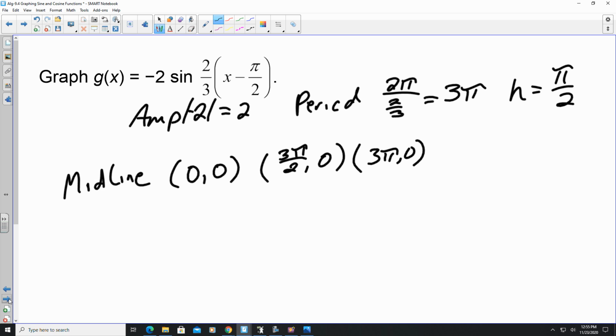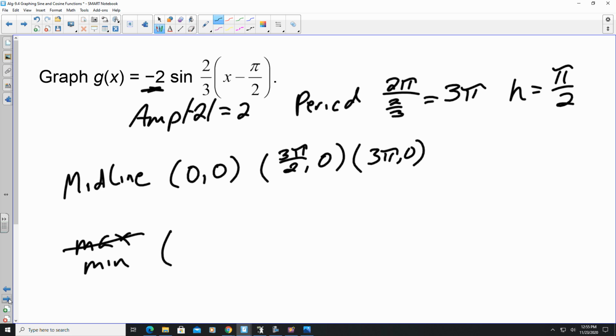All right, now, because I have a negative, what you're going to do is you originally wrote max here. This is now where your minimum value is, but you're still going to use the maximum formula. The only difference is you're just going to tie your amplitude as a negative number, which it already is.